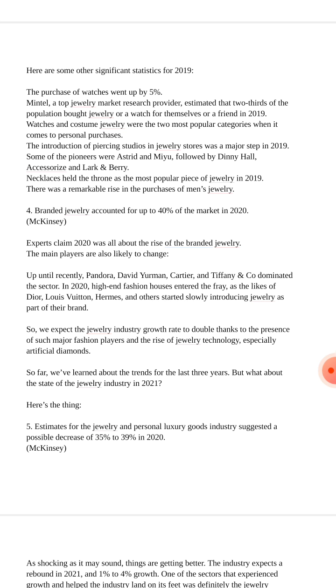In 2020, high-end fashion houses entered the fray, as Dior, Louis Vuitton, Hermes, and others started slowly introducing jewelry as part of their brand. So we expect the jewelry industry growth rate to double thanks to the presence of such major fashion players and the rise of jewelry technology, especially artificial diamonds.